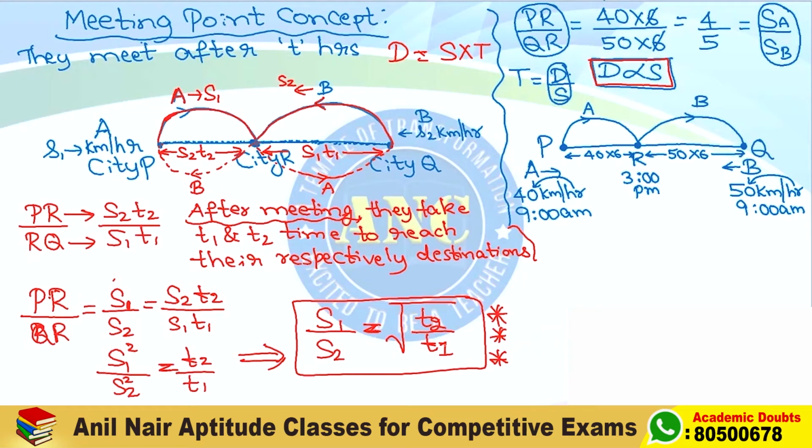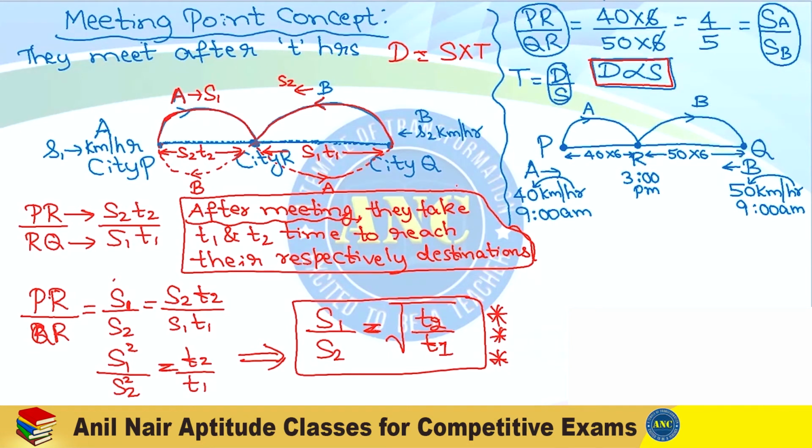And what are T1 and T2? I have very clearly mentioned here also. After they both meet, they will take a time frame of T1 and T2 respectively to reach their destinations. That is nothing but T1 and T2. What are S1 and S2?